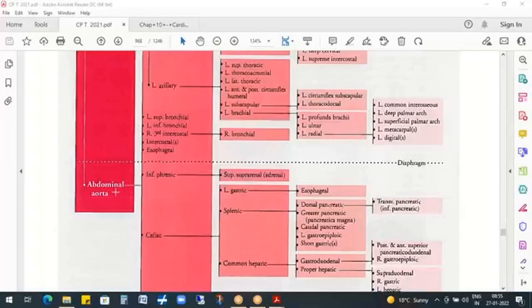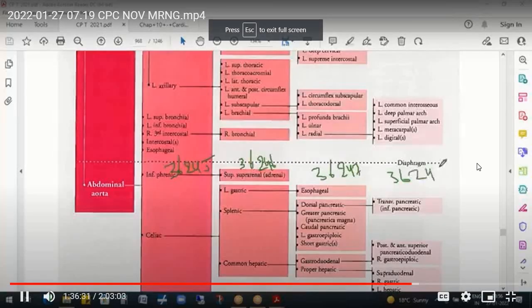For first order, the code is 36245. From abdominal onwards, 36245. For second order, 36246. For third order, 36247. Just write down like this. For add-on beyond the third order, 36248. Understood up to here?